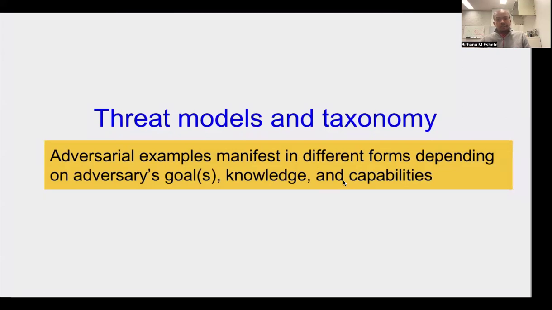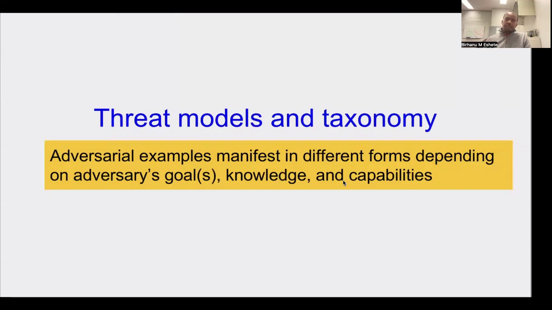Okay, so now let's talk about threat models and taxonomy, because adversarial examples are pretty relevant in security domains or security sensitive domains, right? Because the goal of the adversarial example is to fool the machine learning model.